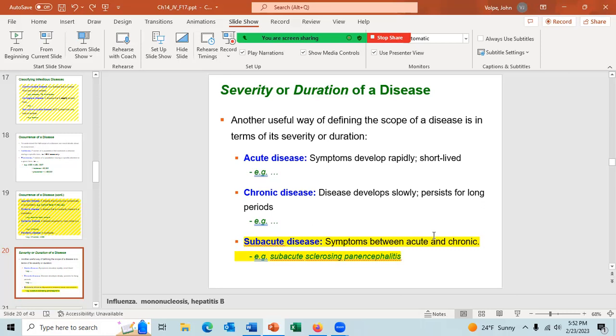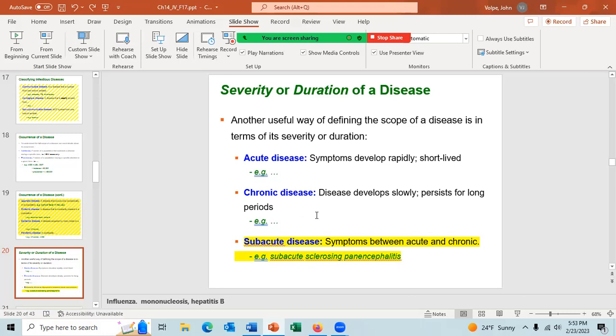An example of a chronic disease would be mononucleosis. The disease starts mild, gets worse with time. Patient gets really tired and sick and worn out. And usually they can recover from mononucleosis and they do get better. Hepatitis B is another chronic disease.